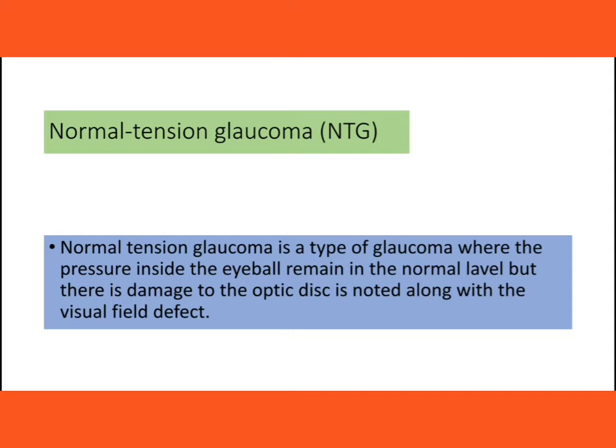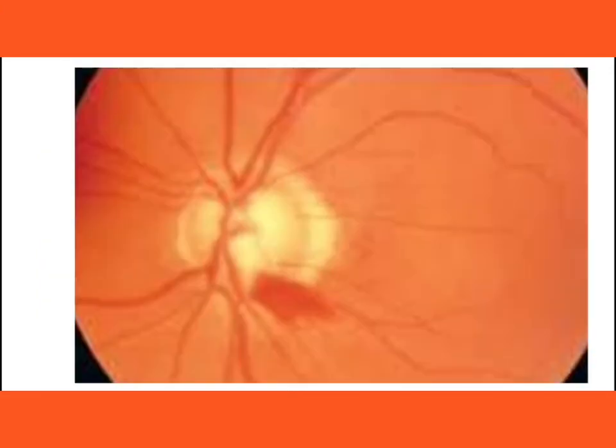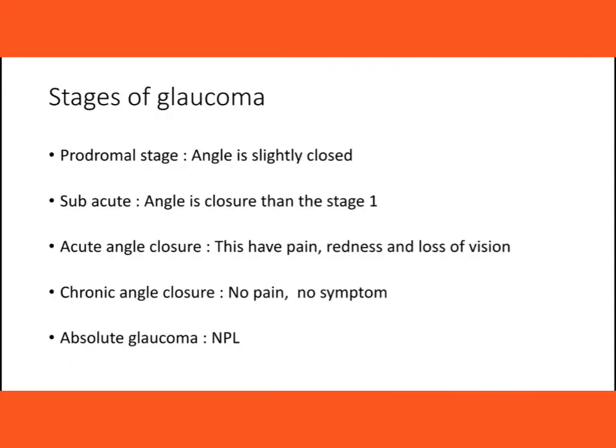In normal tension glaucoma, the IOP will remain normal, but there is a visual field defect and optic disc cupping can be noted. So it is glaucoma. Okay, it is a type of glaucoma. In normal tension glaucoma, disc hemorrhages can also be seen. Okay. So by properly evaluating the optic disc, we can understand whether the person has glaucoma or not.